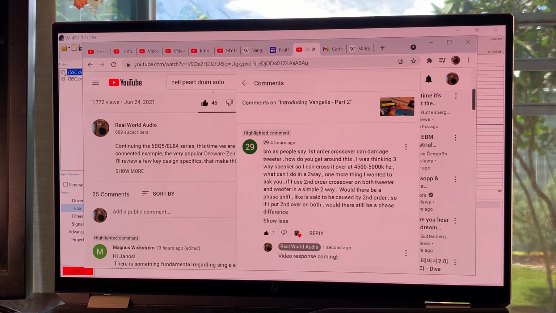So when you decide on what order crossover to choose, you have to look at the driver that you want to use, and you cannot go beyond the capabilities of your tweeter. Nowadays people have the general impression that modern tweeters are getting better and better. They certainly have some parameters which are better than tweeters made 50 years ago.